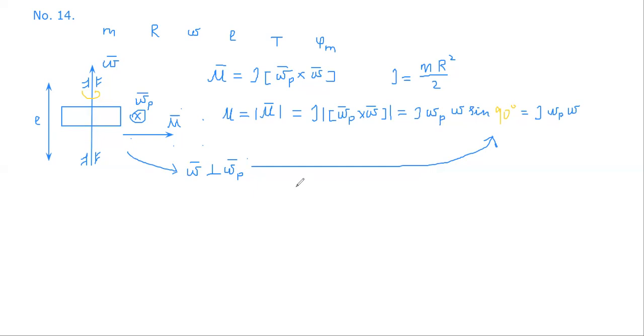In the description it is said that the axle is set into harmonic oscillatory motion with the period T and the amplitude phi m. What does it mean, harmonic oscillatory motion?